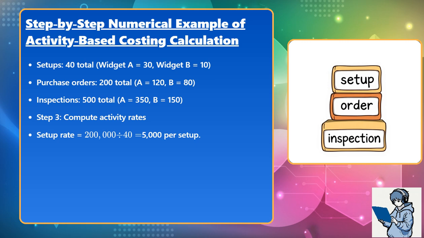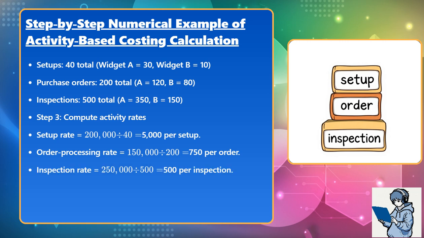Setup rate equals $200,000 divided by 40 equals $5,000 per setup. Order processing rate equals $150,000 divided by 200 equals $750 per order. Inspection rate equals $250,000 divided by 500 equals $500 per inspection.